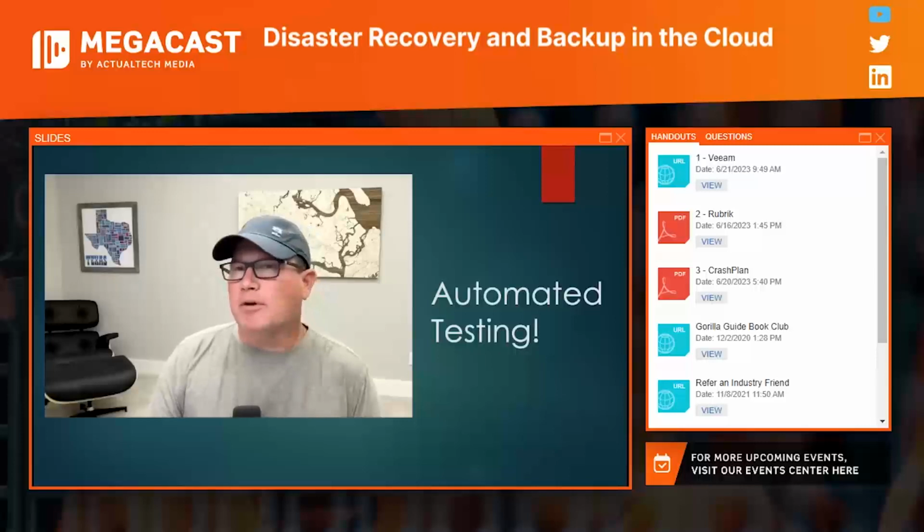You don't want to think that you have your data only to find out that you have corruption, or only to find out that these applications don't really work when they're tested. And that brings up another point, testing. That automation is all about constant, never-ending testing of your backup data and your critical applications.